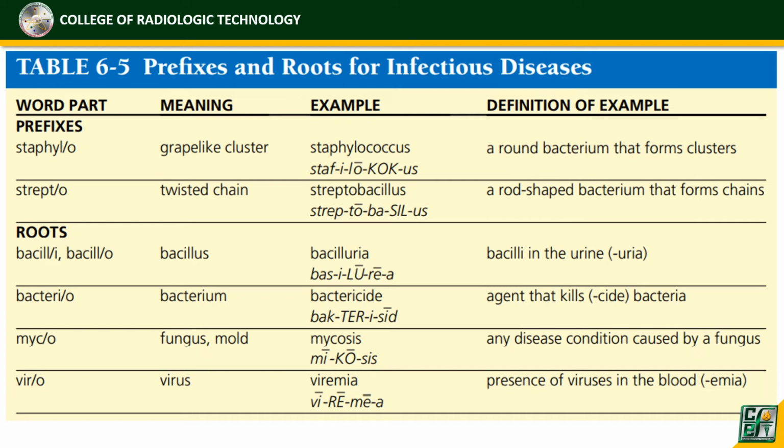Bactericide, an agent that kills bacteria, with the suffix cide meaning kill. Then we have myco, which means fungus or mold. Mycosis, any disease condition caused by a fungus. And we have vir or viro, which means virus. Example is viremia, presence of virus in the blood.